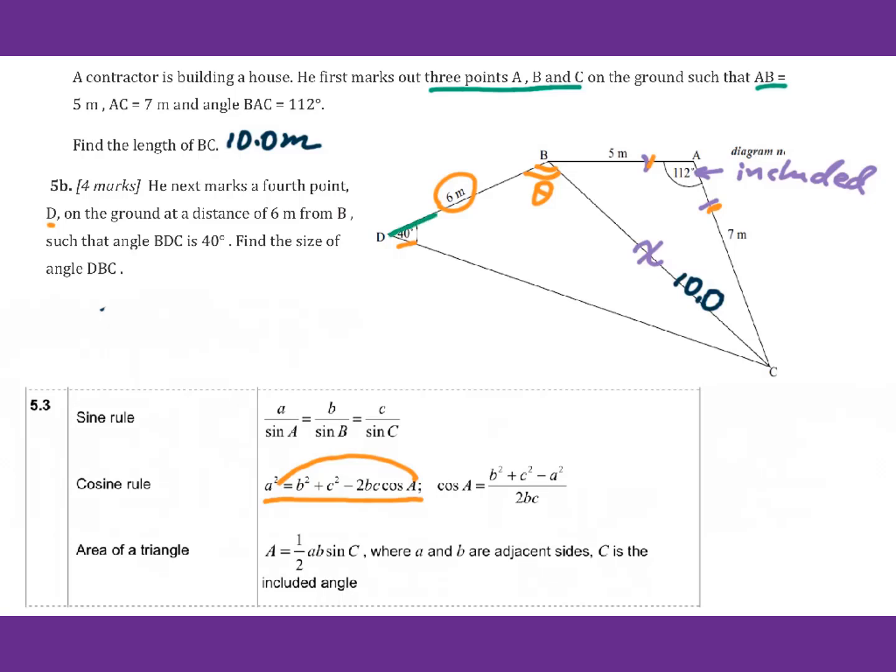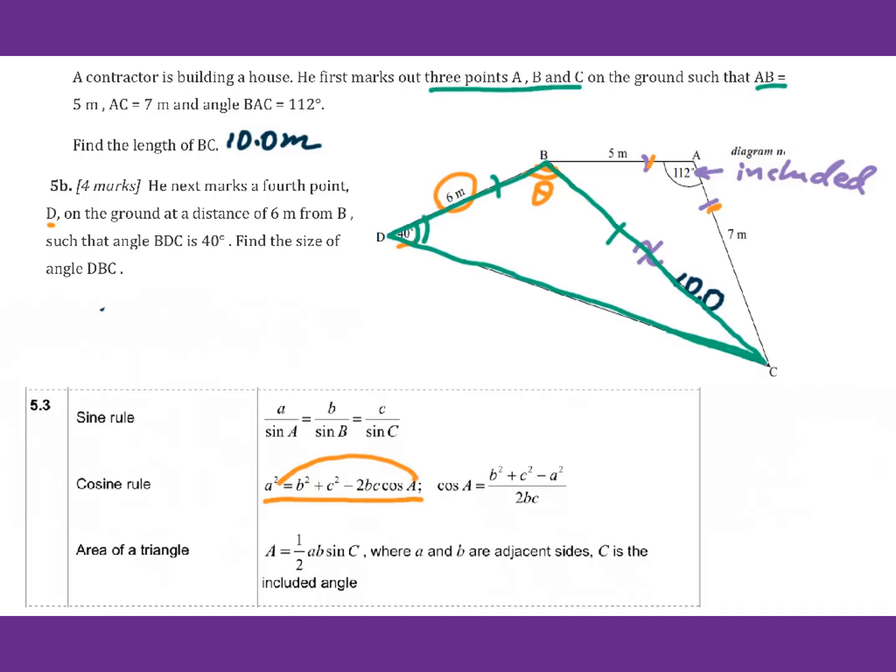For triangle DBC, you cannot get this theta directly. We already know this 6 meters and DC, that's 10.0.